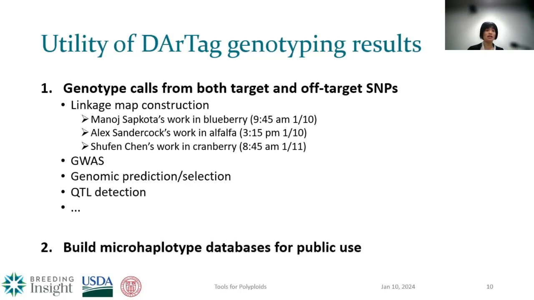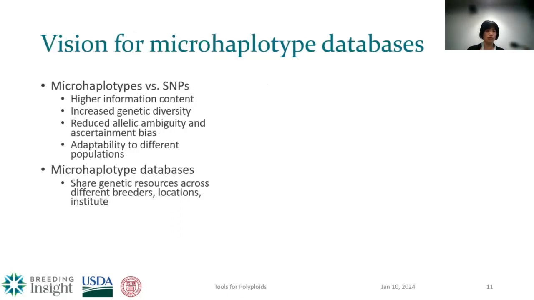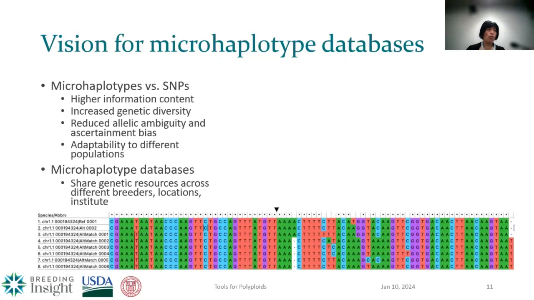But the other big part is that we can build microhaplotype databases for public use. Our vision for microhaplotype databases is that we collect all the microhaplotypes from genotyping results from breeders across the US or even international breeders, and we compile all these haplotypes. As you can see, this is a multiple sequence alignment.